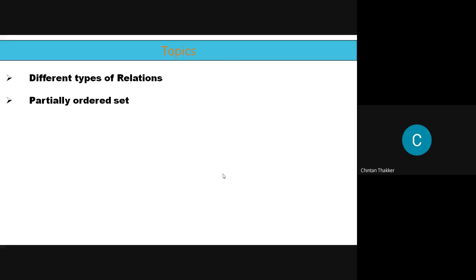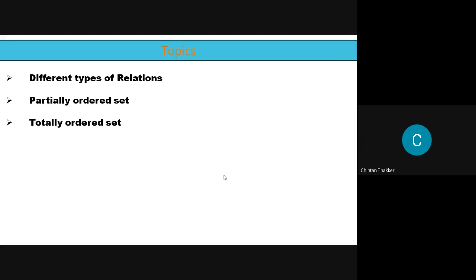The partial order set, in short form, is called a poset. Then we have totally ordered set. The totally ordered set is a poset, and it is obtained from a poset.